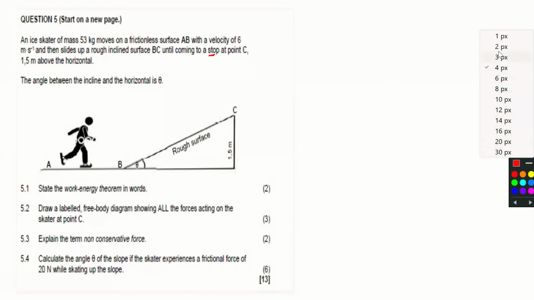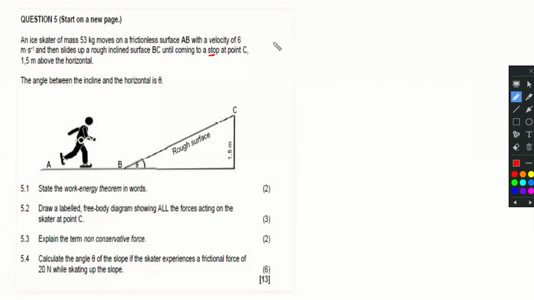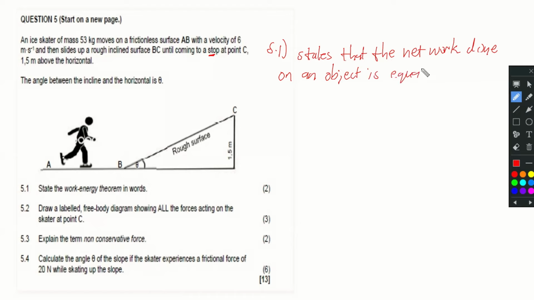So this is how you're going to go about it. To define that, we're going to say the work energy theorem states that the net work done on an object is equal to the object's change in kinetic energy.